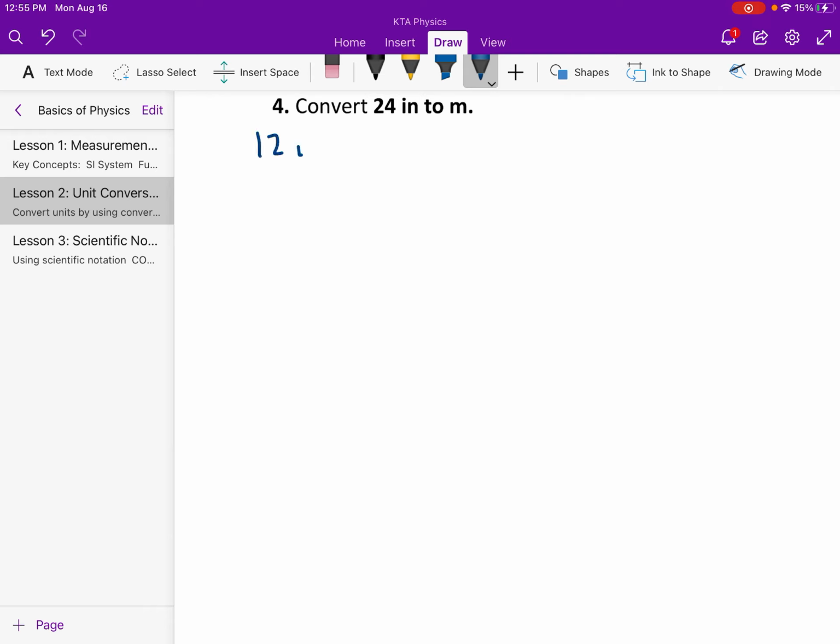So 12 inches equals 1 foot, and then 1 foot equals 3.8 or 28 meters. Let me verify that. How many meters in a second, just to make sure we're doing the right thing. Or sorry, feet.